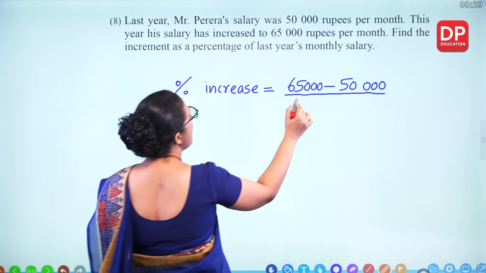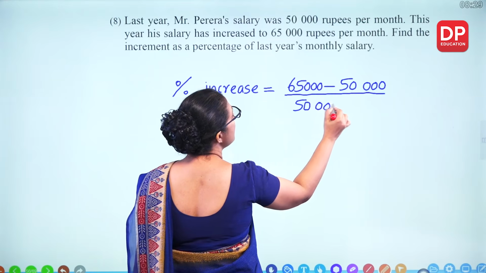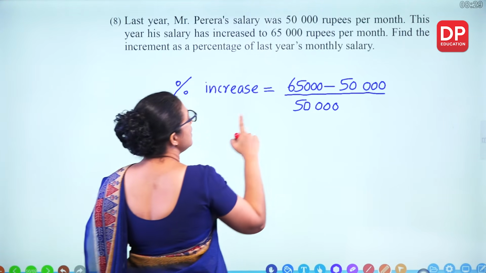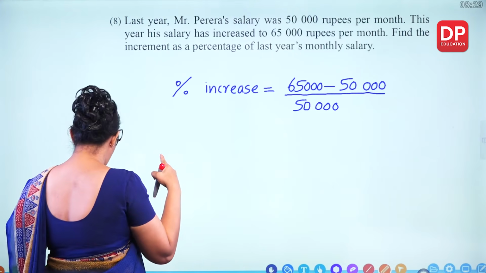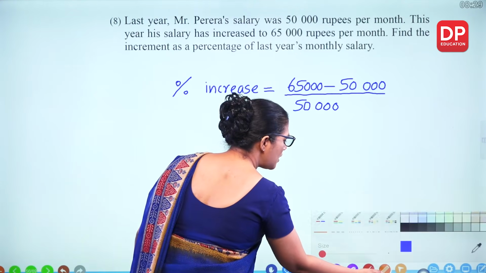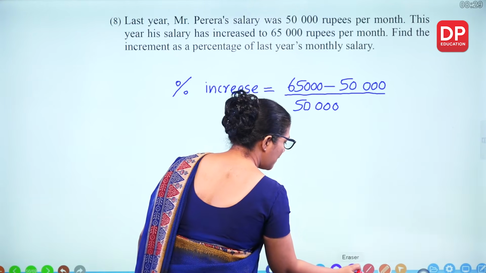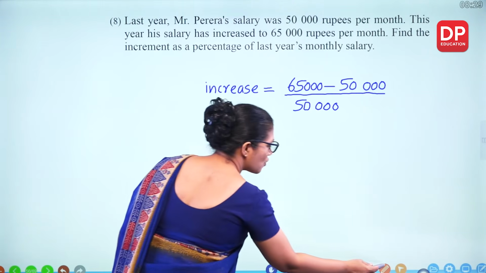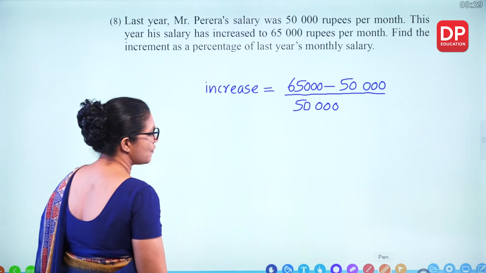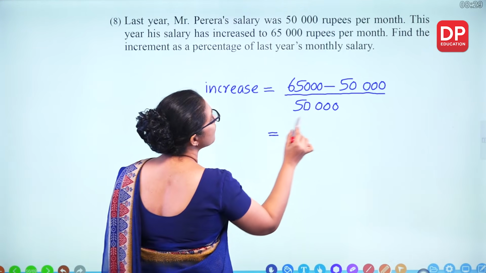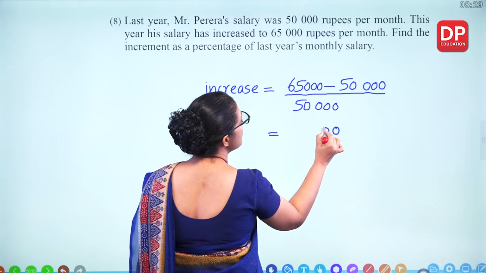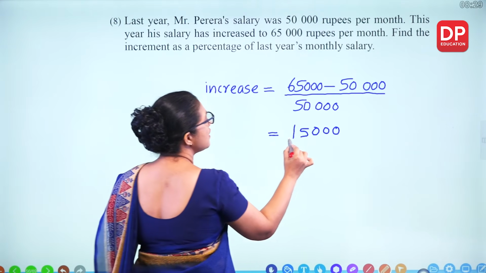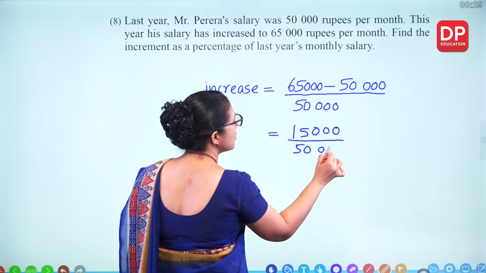So you divide by the initial salary, that's 50,000, and we'll first find out the fraction and then we'll convert to percentage. So increase as a fraction first. 15,000 over 50,000.